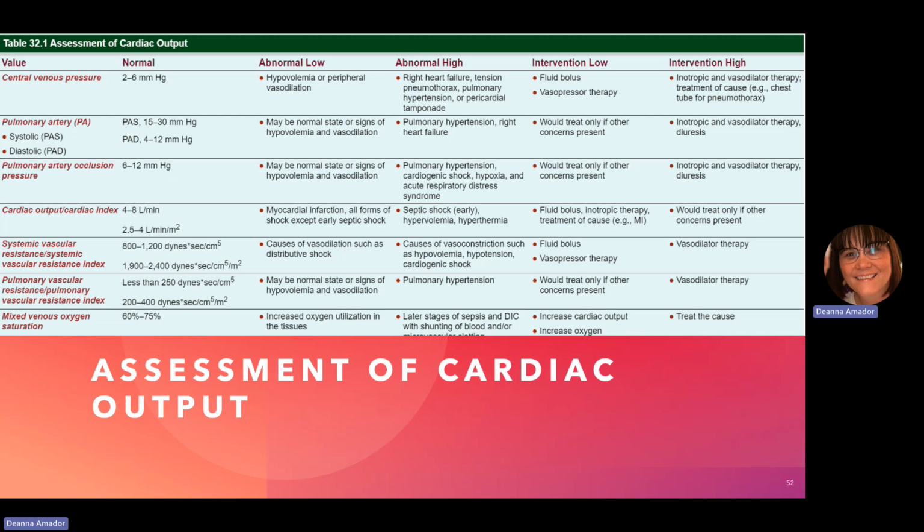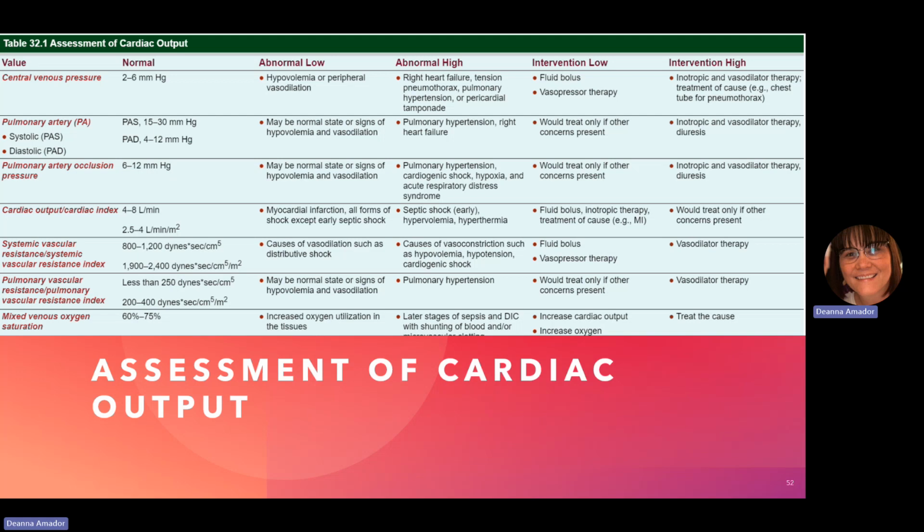So if we had low afterload, we would be giving volume, or maybe giving pressors to cause constriction of our arterioles. If we had high afterload, we would give vasodilator therapy to open up or cause dilation of our arterioles.